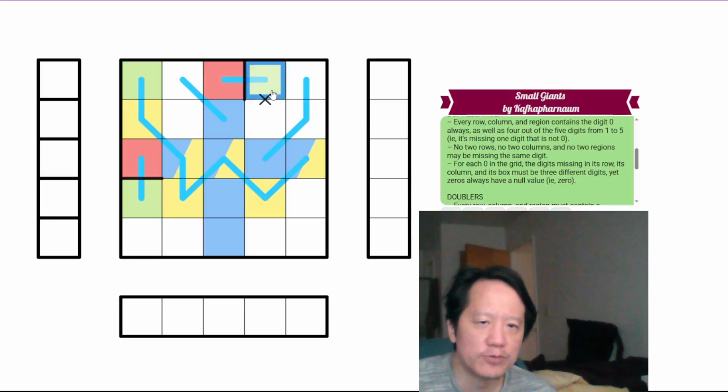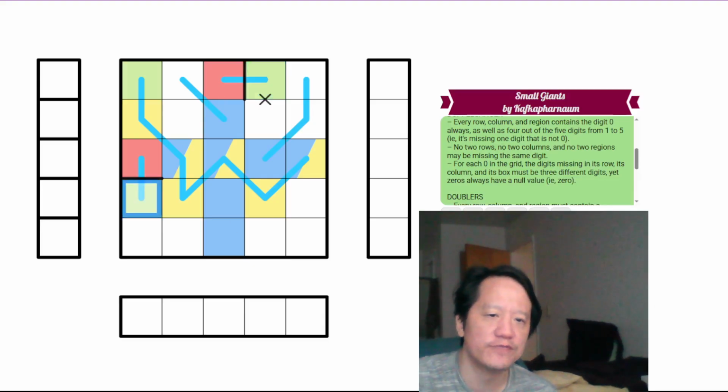So these region numbers must be doubled. So this has to be then 2 and 4, which means this has to be 1 and 2 for the doubler.